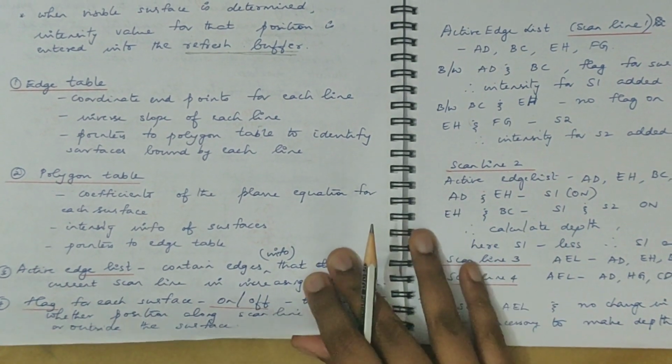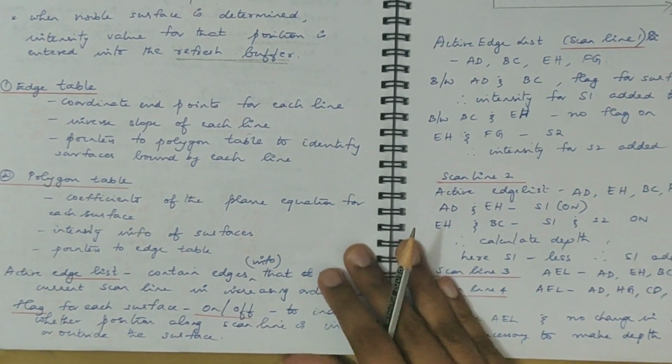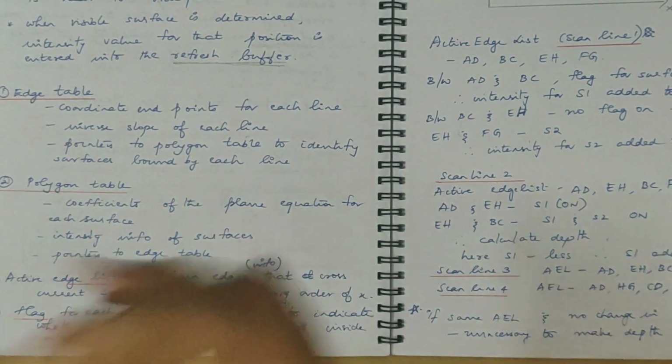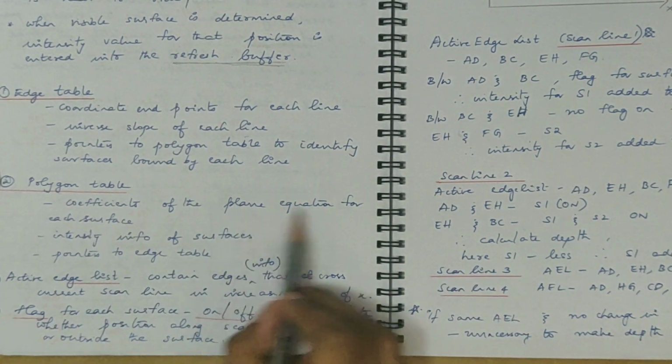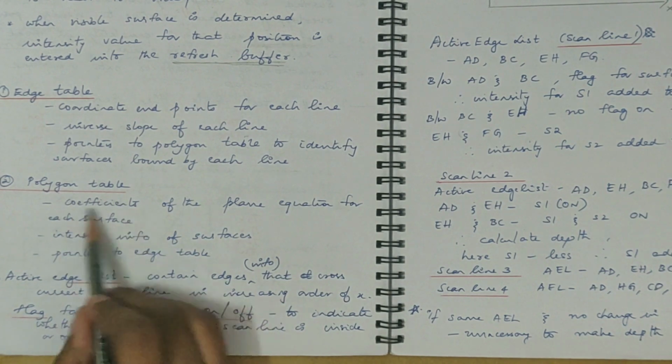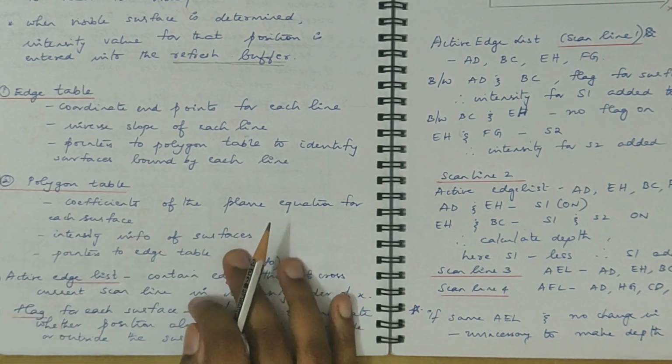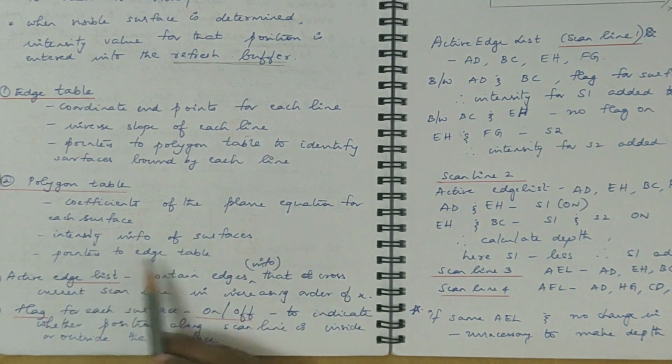And the polygon table actually stores the data for each surface of the polygons. So the coefficients of the plane equation of each surface will be stored. Then the intensity information of each surface will be stored, and the pointers to the edge table.